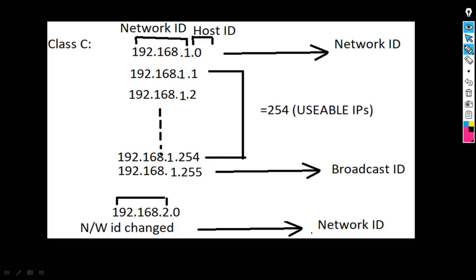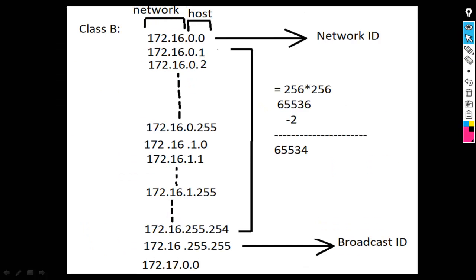Let's discuss it with one more example. Now we will take the IP address of class B. Now we will understand with the help of a class B IP address. So I have taken this IP as an example, 172.16.0.0.